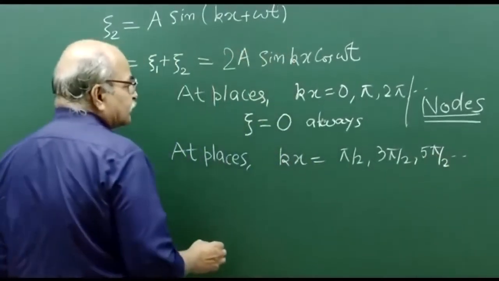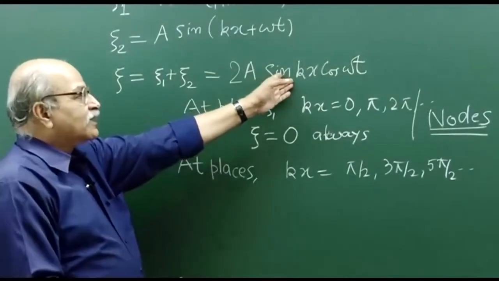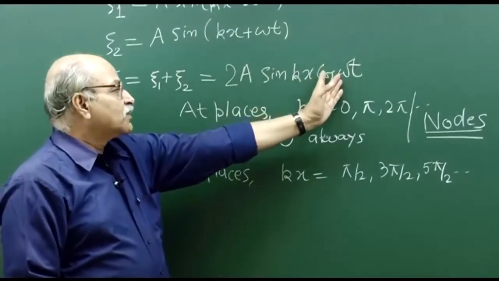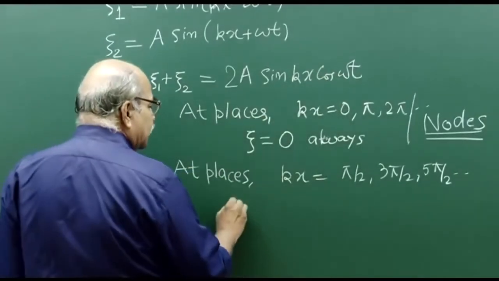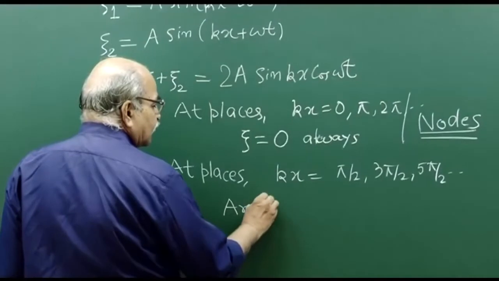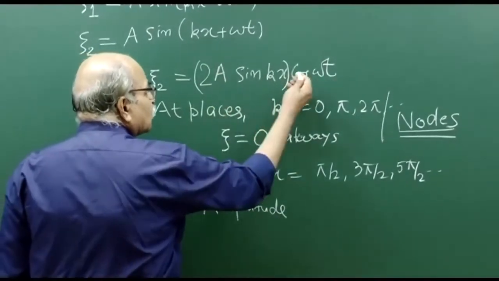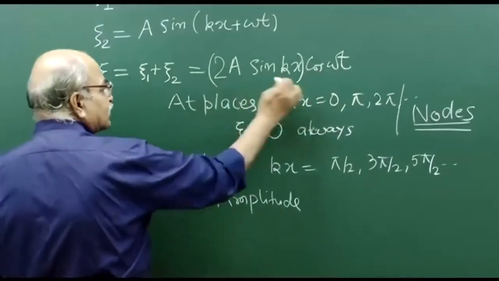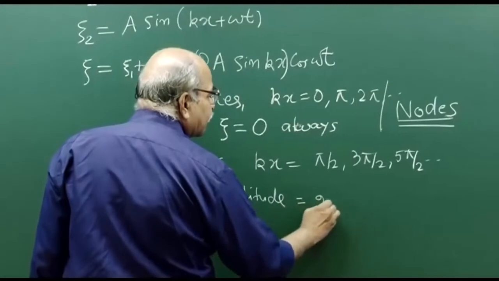In that case, sin kx is always 1 or minus 1, it does not matter, because cos omega t is anyway going from plus 1 to minus 1, minus 1 to plus 1. So, here the cos omega t is the time variation and this is the amplitude. So, this amplitude will be 2A maximum.